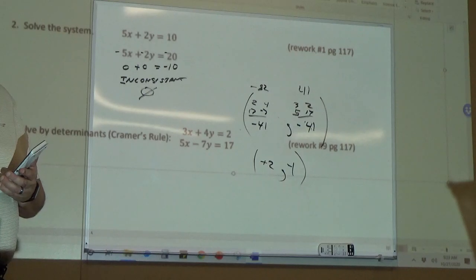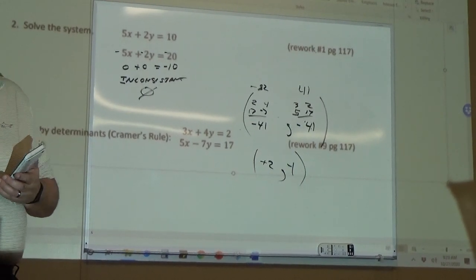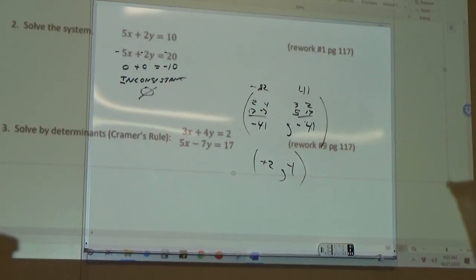Yes? On the quizzes, the second system does not have a 5 determinant. It just has x minus 7y. Okay. This is a different problem. I'm not sure why.